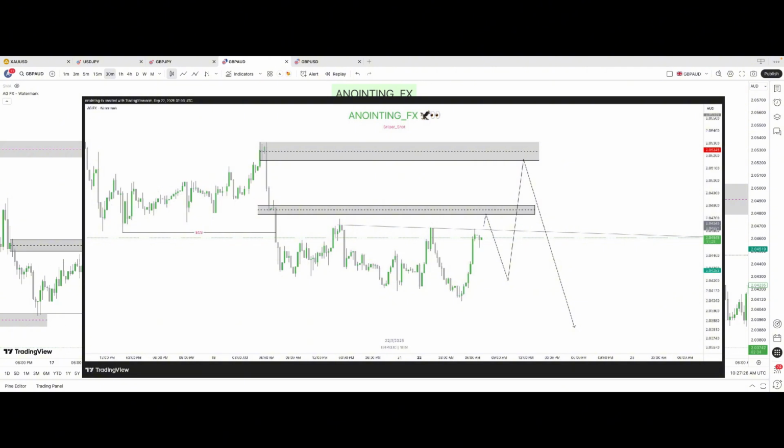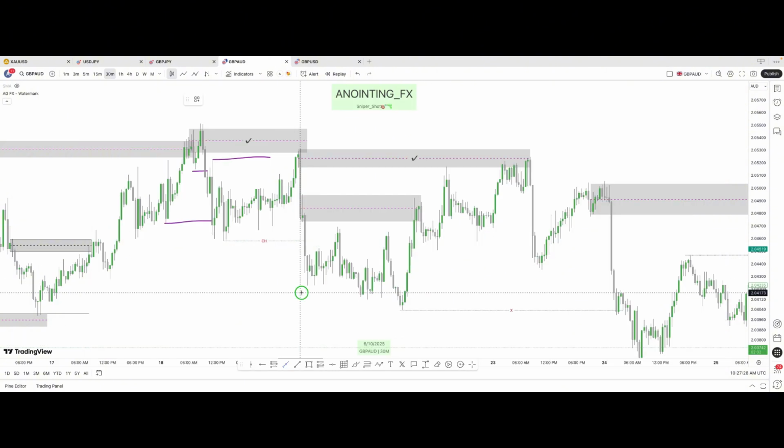Price created this supply zone. On a higher time frame, you will not see this. It's called a flag limit, or a hidden engulfing. So this became a liquidity for me. So we had this liquidity.